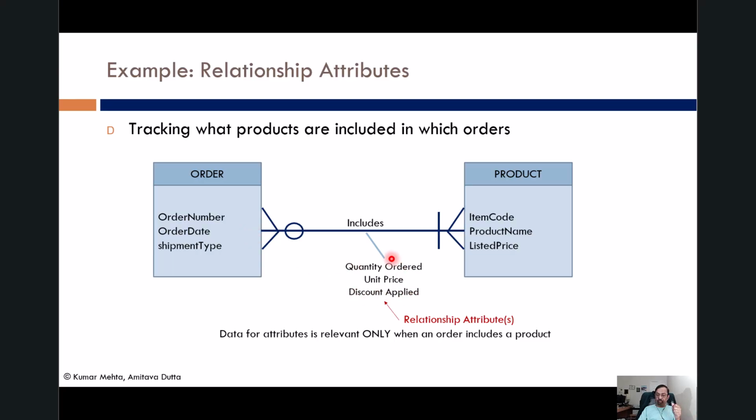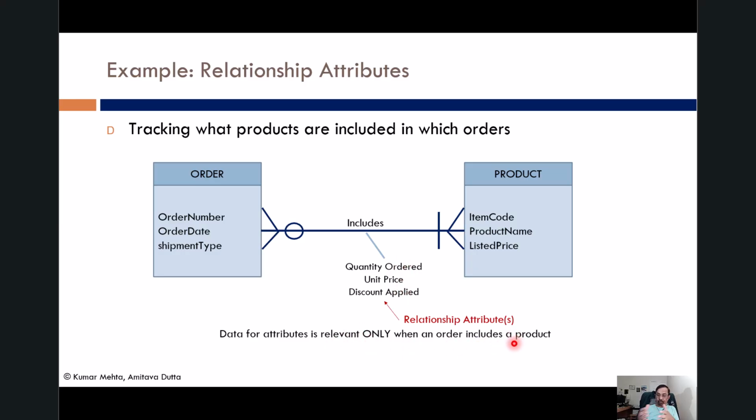If you take these three properties, quantity ordered, unit price, and discount applied, you can easily understand that the business circumstances might be such that these are properties of the relationship. They are not properties of any one entity in the relationship by itself. So these three attributes that you're seeing here are another example of relationship attributes. They are relevant only when an order includes a product.